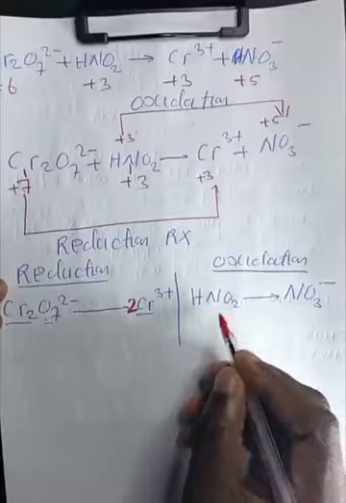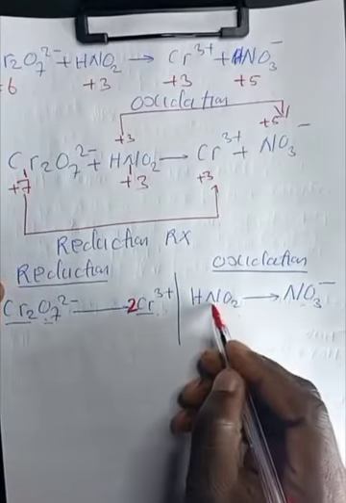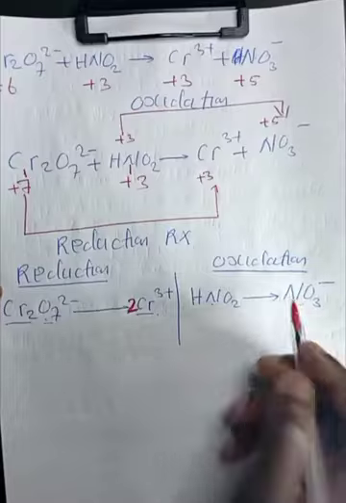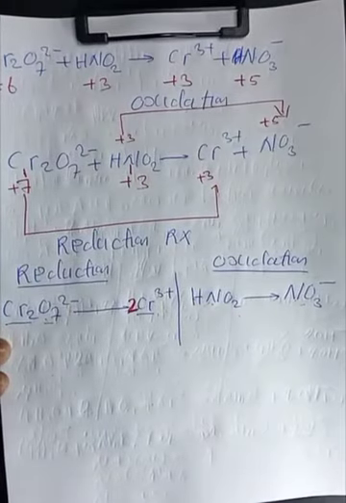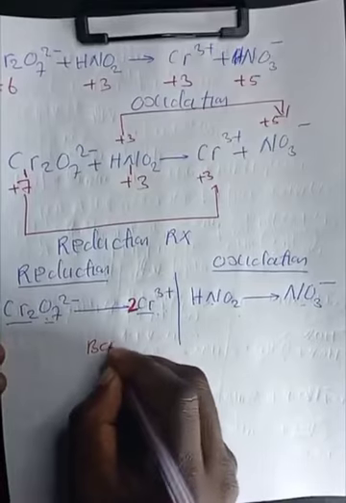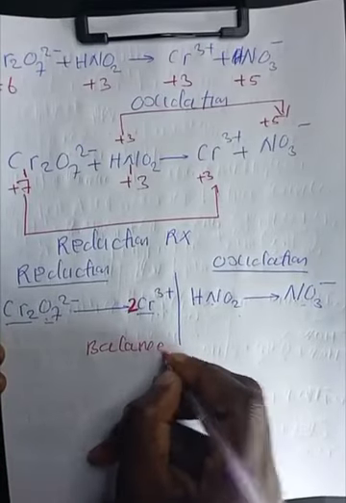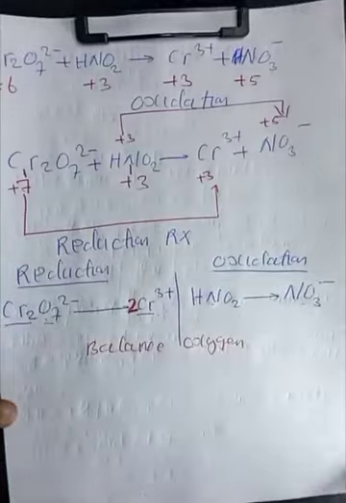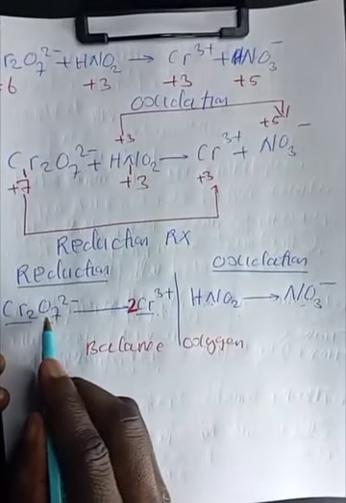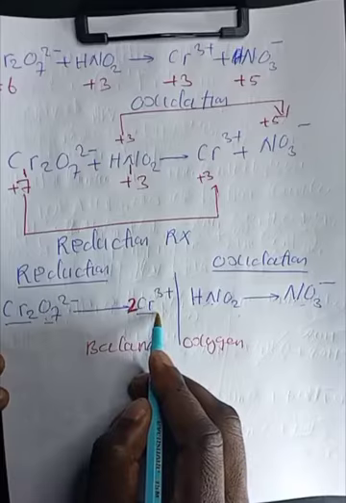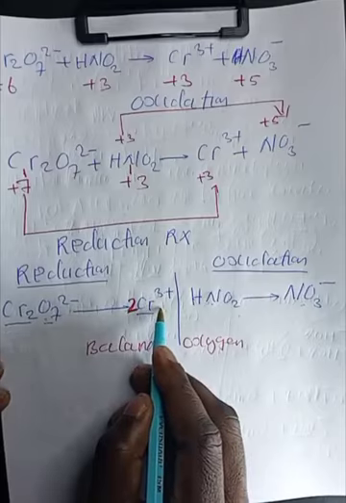Then this side we have nitrogen 1, nothing to balance. So now we can balance oxygen. This side we have 7 oxygen, and we have no oxygen here. To balance that, we add 7 water molecules here.